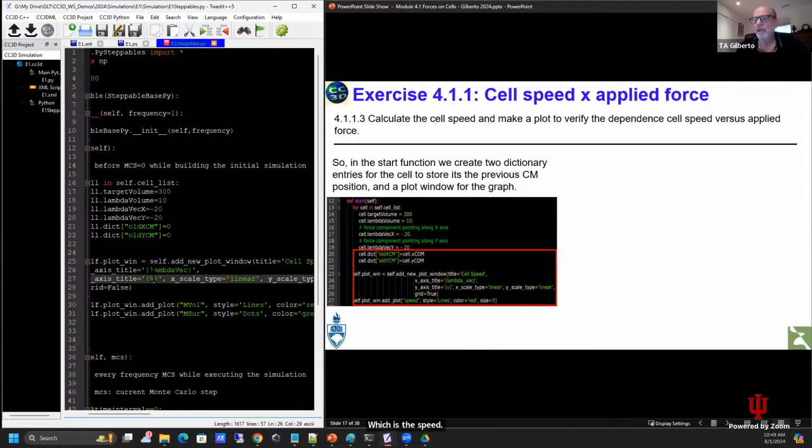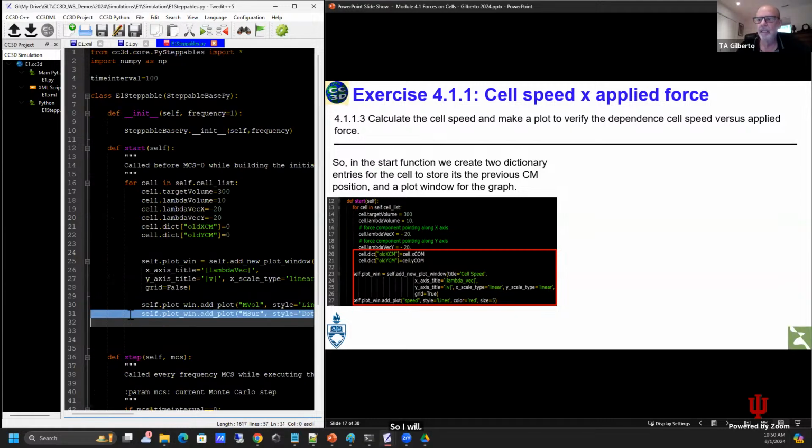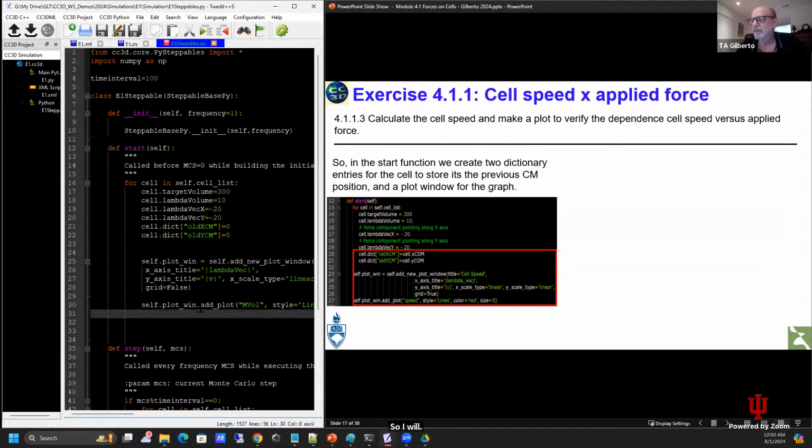Okay? So I will get rid of this line here, only one, and the placeholder for the graph is split. So we adjusted the start function.